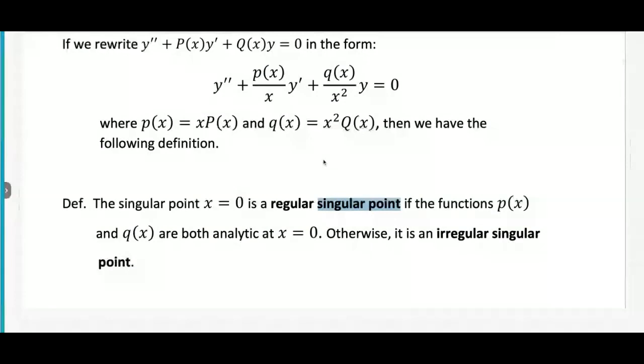Right? A singular point is one where, as we know, it cannot be represented with a power series. But now we multiply capital letter P of x by x. We multiply capital letter Q of x by x squared.